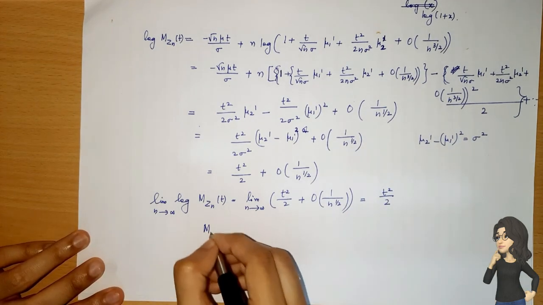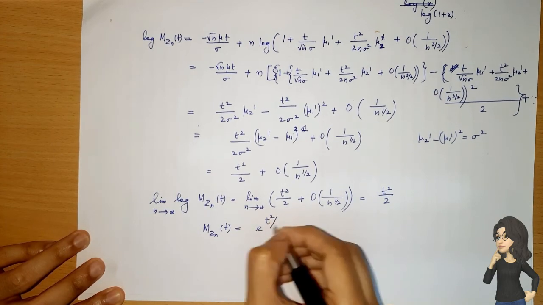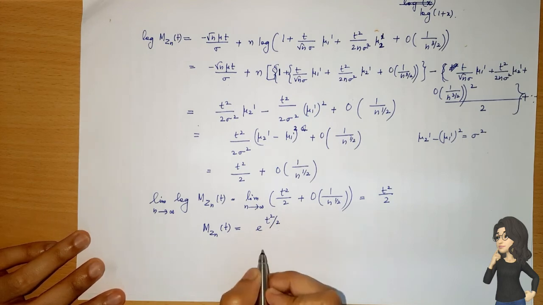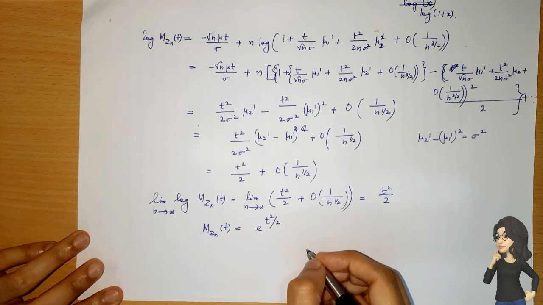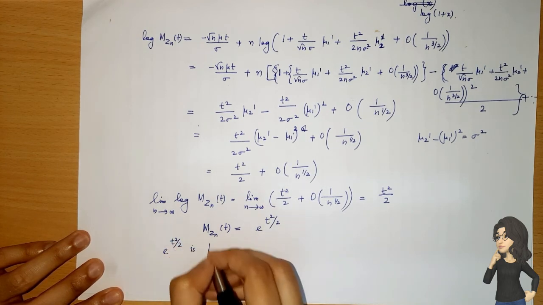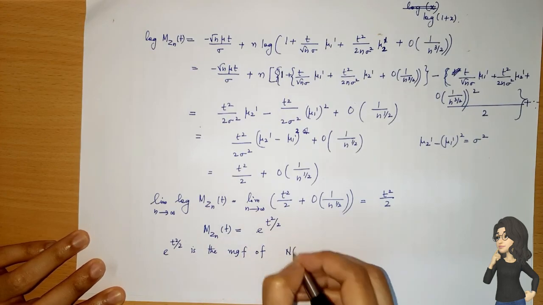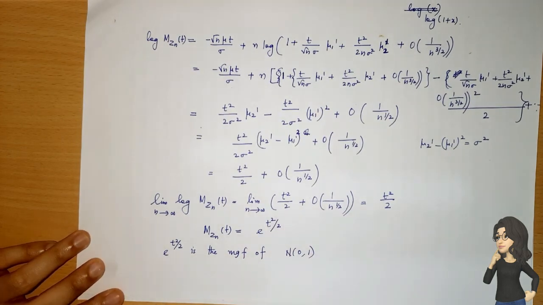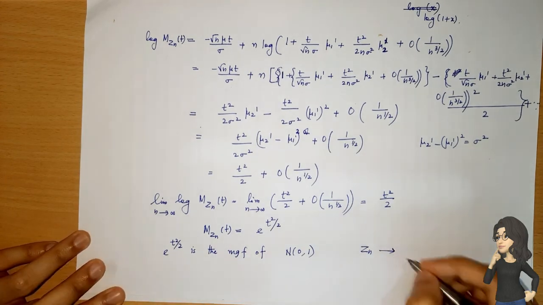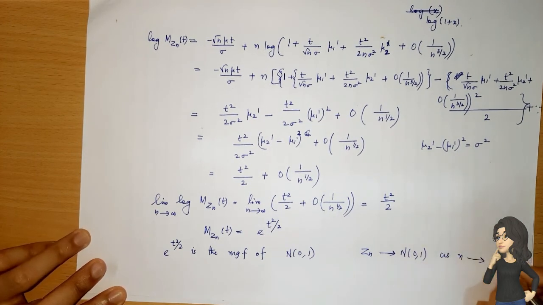That is, M Zn of t is equal to e raised to t square by 2. And we know e raised to t square by 2 is the MGF of the standard normal distribution. Therefore, Zn tends to normal 0, 1 as n tends to infinity.